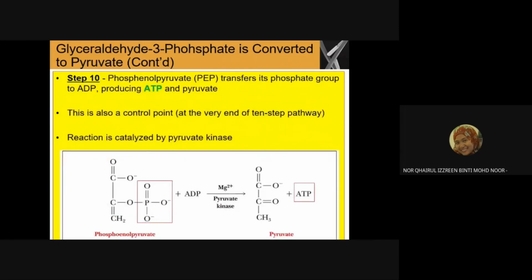Step number 10 is when phosphoenolpyruvate transfers its phosphate group to ADP, producing ATP and pyruvate. This is one of the other control points in glycolysis, and this reaction is catalyzed by pyruvate kinase.